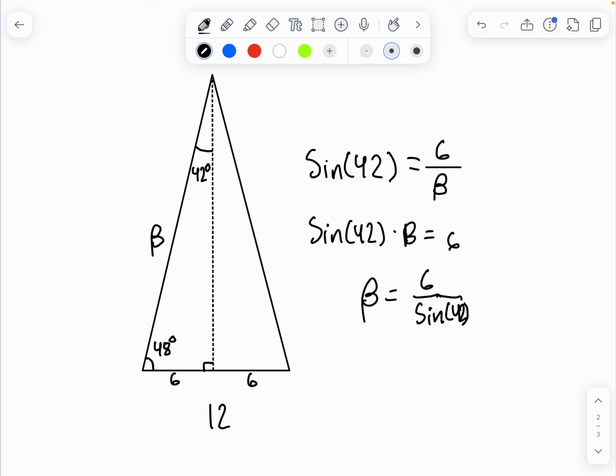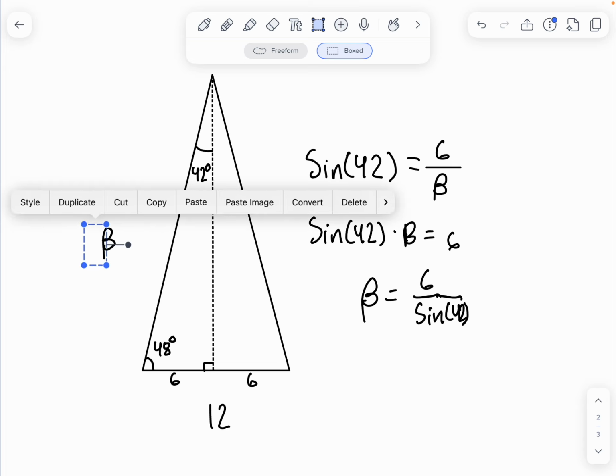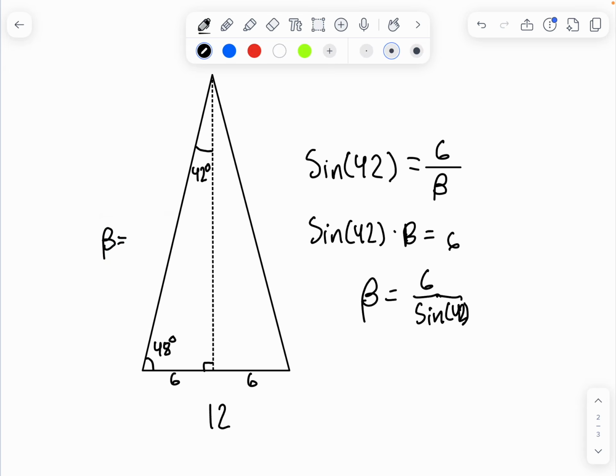And now if we solve, we'd get 8.96, so 8.97. And then that means on this side, it's also 8.97.